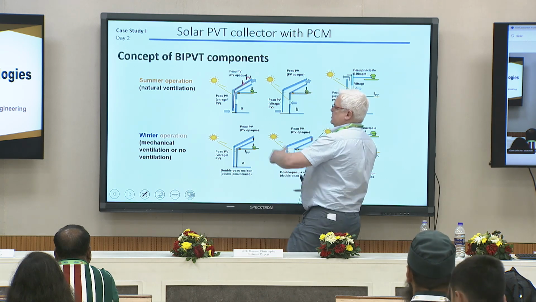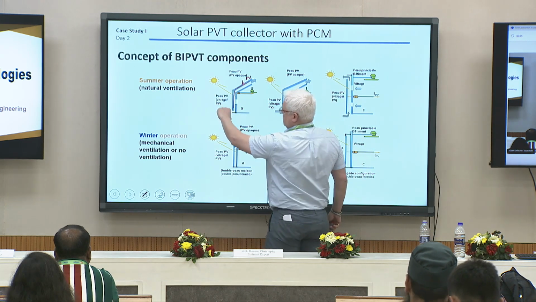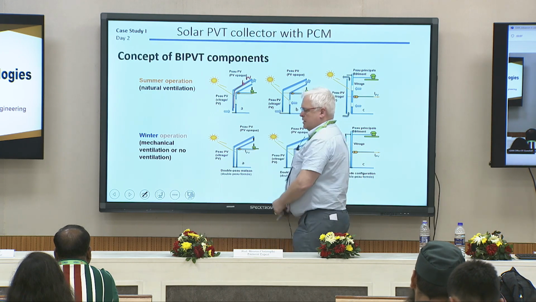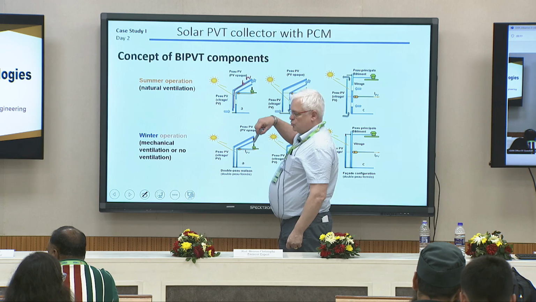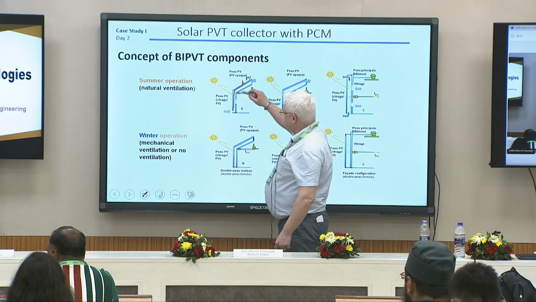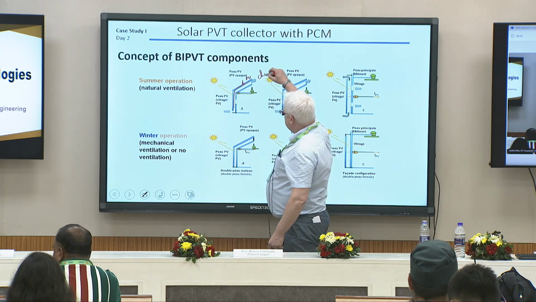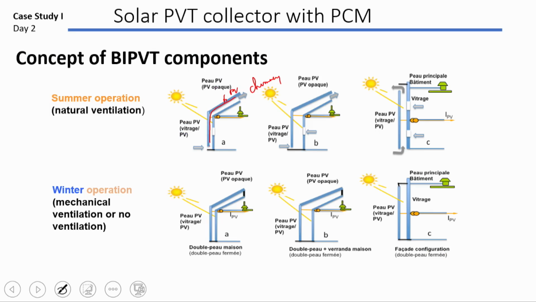And so during summertime you use this PV envelope as an absorber. So what is the objective here? Minimize the heat, and so you try to develop the natural ventilation by chimney effect.